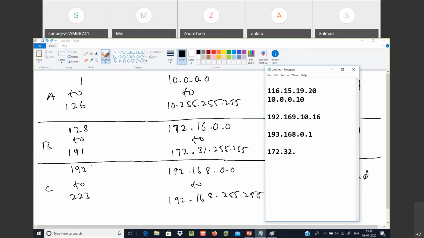172.32.16.10. Public or private? So like that, we can understand which IPs are class A, class B, class C, which IPs are network IDs, which are broadcast IDs, which are valid IP addresses, which are private IP and which are public IP, and which is the subnet mask for class A, class B, class C. It's all the logic we know perfectly right now.